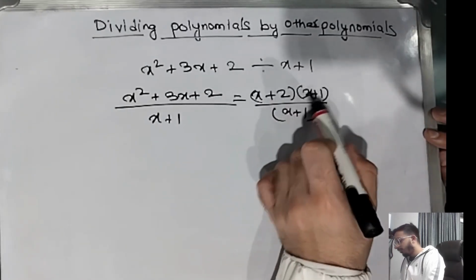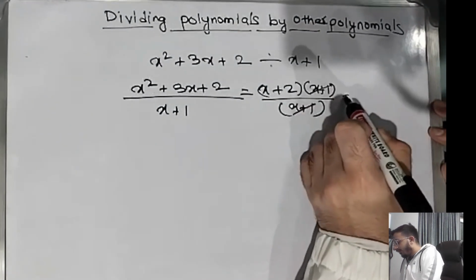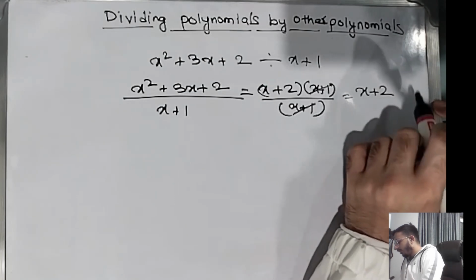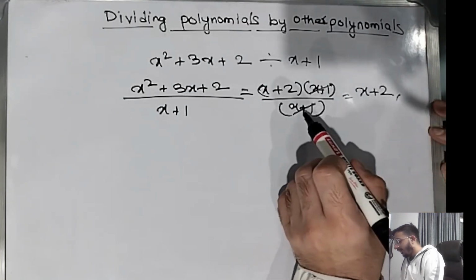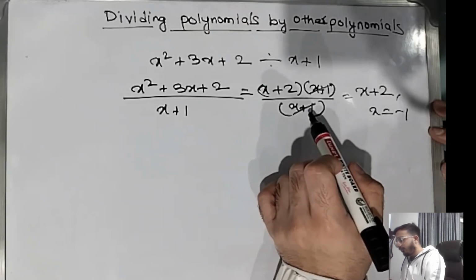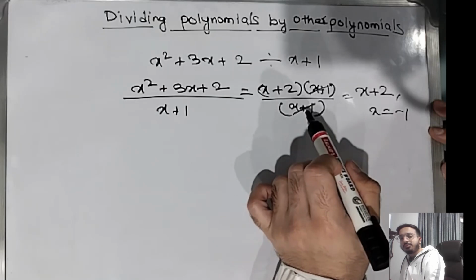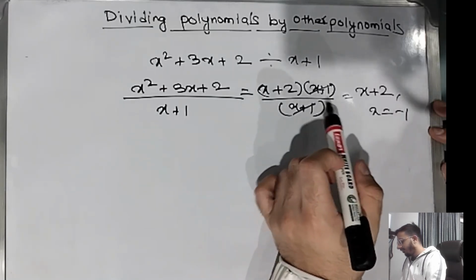Here x plus 1 gets cancelled, and we get the answer x plus 2. But we need to make sure that x should not be equal to minus 1 here. Otherwise, the denominator will equal 0 and the whole term will go to infinity.